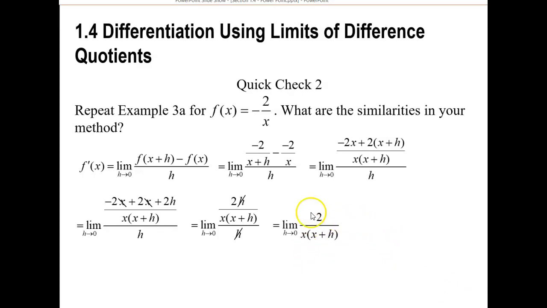Once you get all that cleaned up to here, now you can let h become 0. You cannot let h become 0 and plug that in until this bottom h here gets canceled out, which doesn't happen until the very last step. But after that is done, now you can replace h with 0. So if this h gets replaced with 0, x times x is x squared. So we get 2 over x squared is our answer.